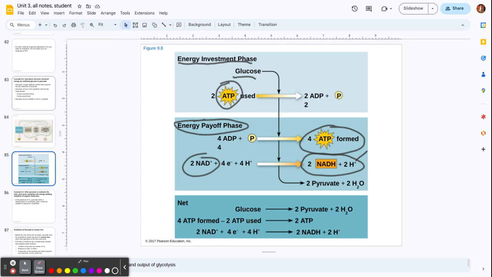And they're going to carry those electrons to another part of the cycle of cell respiration. The other thing that we make along the way is pyruvate. Okay, so I've taken that sugar, I've taken my glucose, and I've split it in half. And I made it into 2 3-carbon molecules rather than 1 6-carbon molecule.